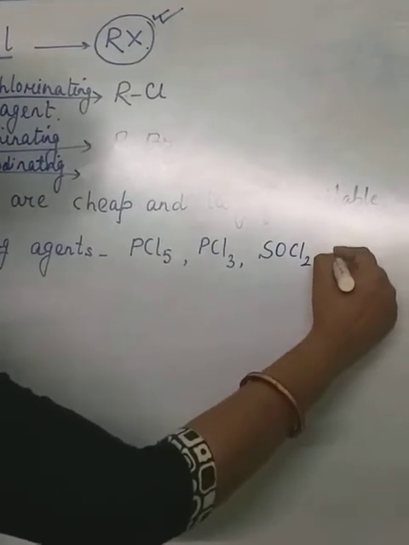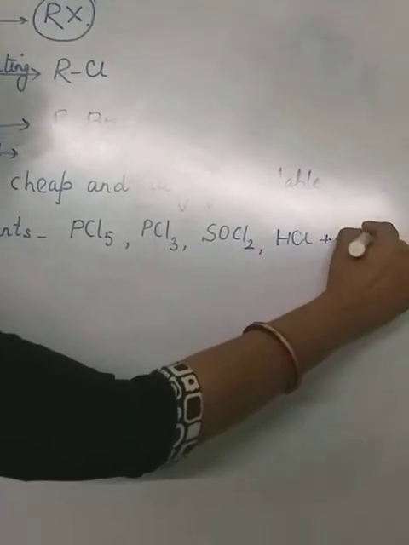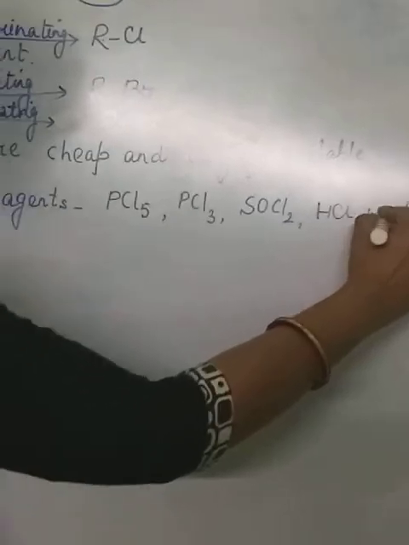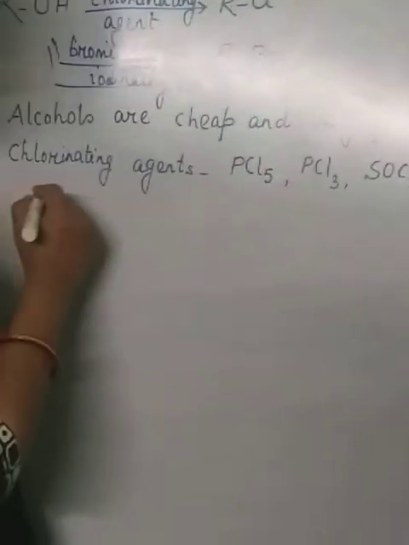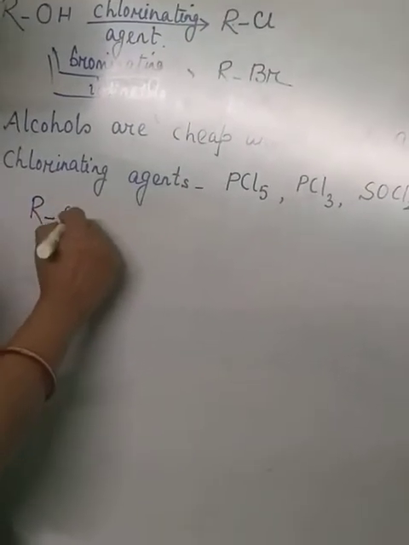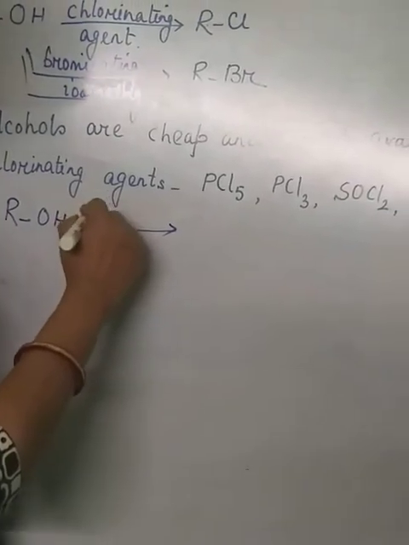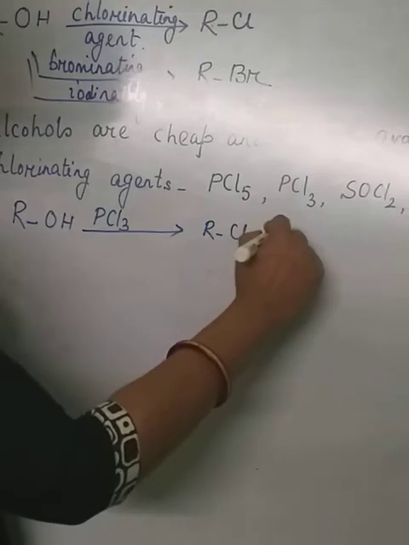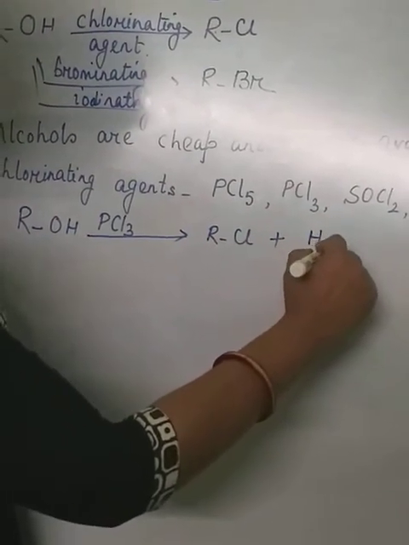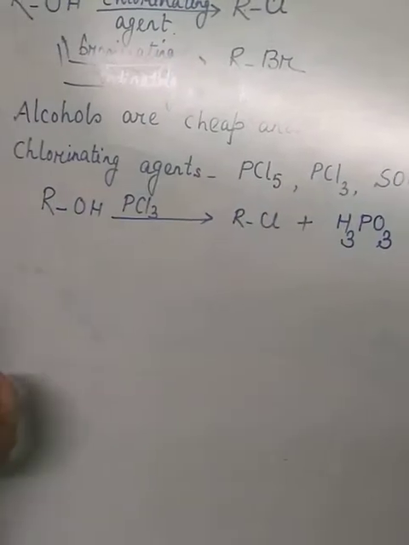We have hydrochloric acid with anhydrous zinc chloride. In this, the chief product is definitely RCl, along with which we are getting H3PO3, phosphorus acid.